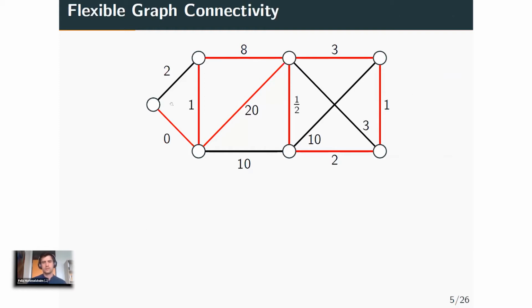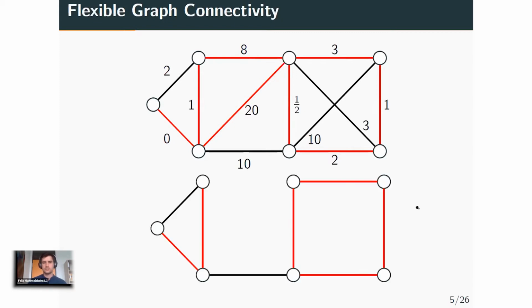Throughout the talk, the black edges are the safe edges, and the red edges here are the unsafe edges. And now the task is to compute a minimum weight subset of the edges, such that we still have a connected spanning subgraph, no matter which unsafe edge is deleted. So an optimal solution to this instance would look like this.